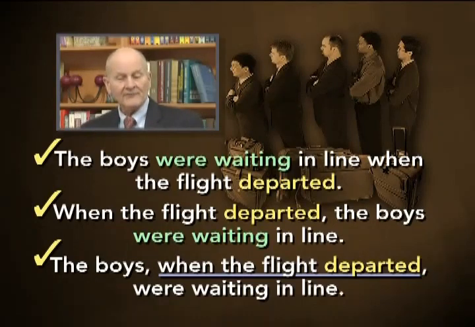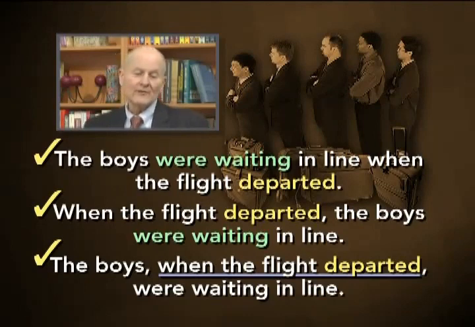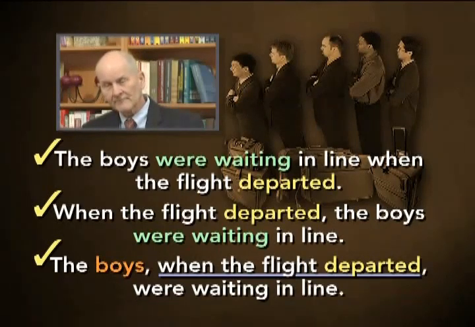The main clause is separated by that adverbial clause, and two commas, one on each side, indicate the separation. One thing to remember, when you separate a main clause, you must separate it here, between the subject and the verb.